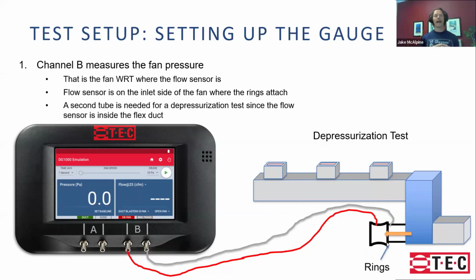So now we need to add another tube to channel B. There's a ring connection on the edge of the flex duct that you put the reference tap from channel B on, so that we're maintaining that idea of measuring the flow from the sensor to where it's drawing air from. That's just the pressure drop across that ring, which is still the way we get flow. So yep, we need to know upstream and downstream. Yep, that makes sense.